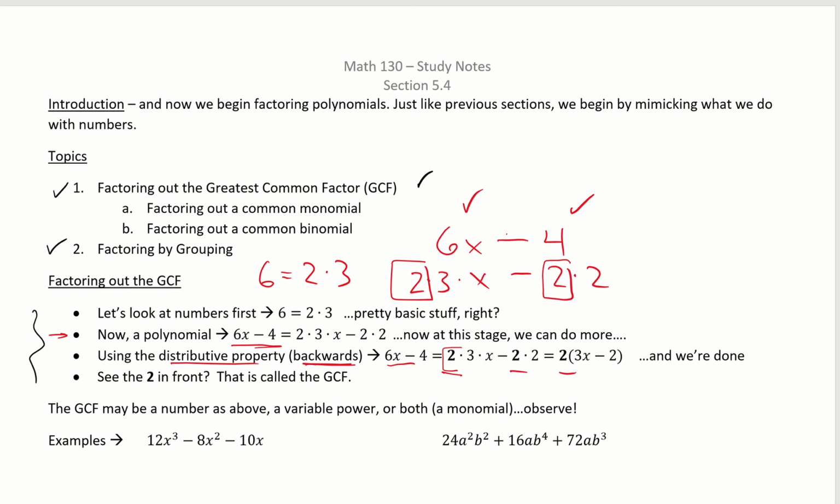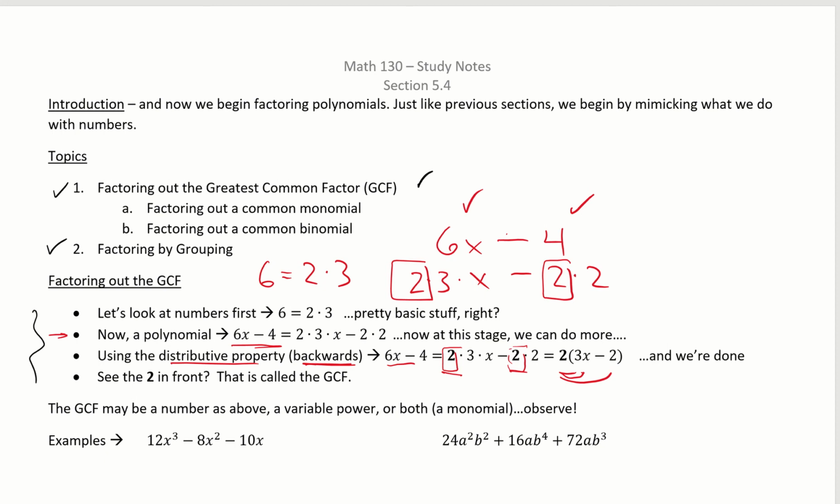And this 2 that I'm boxing again is common to both terms, okay? And so it's as if someone took the 2 and distributed it. So what happens is the 2 gets factored out. The reverse distributive, you factor it out. Or if you distribute it, you multiply it back again, okay?